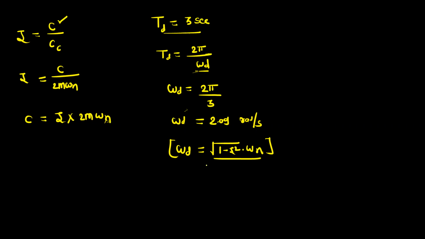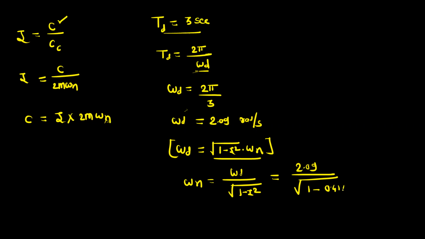So by using this relation, you can find the omega n value. Omega n is equal to omega d upon square root of 1 minus zeta square, that is 2.09 upon square root of 1 minus, zeta value is 0.4178. So omega n is equal to 2.3.